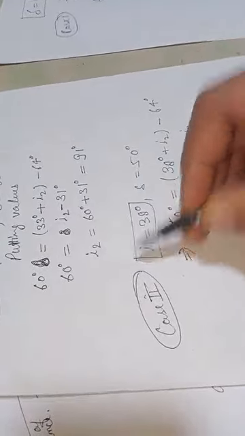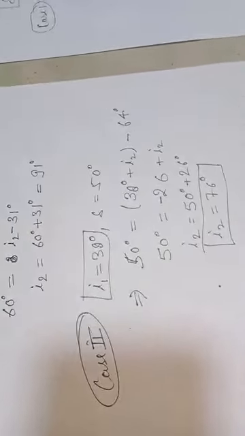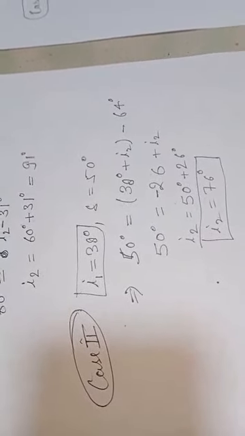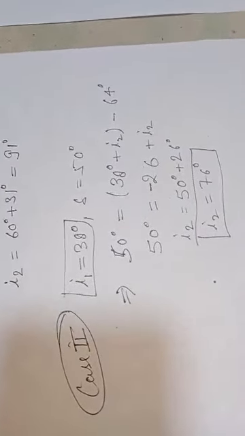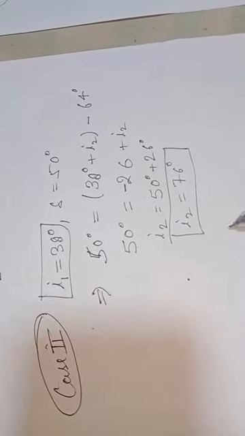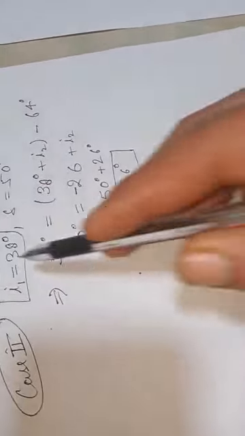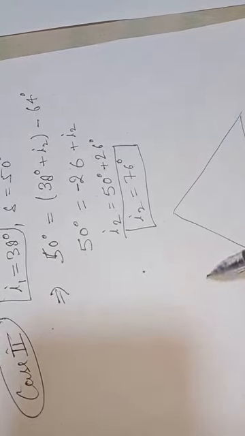So we have seen that from these values of angle of incidence and angle of emergence, we can easily draw the ray diagram. We will draw it like this. The first angle is 38 degrees from the normal, the angle of incidence.